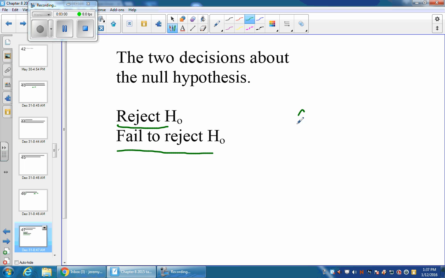They'll either find you guilty or not guilty. They never prove you innocent. In this case, you never want to say that we accept the null hypothesis because we don't have enough evidence for that. We can either reject it or fail to reject it.